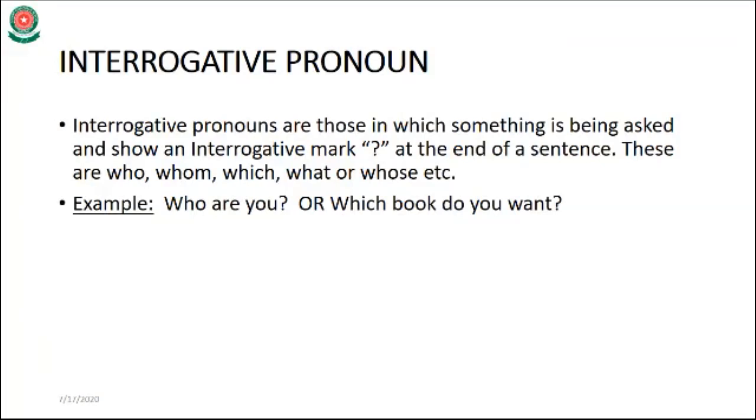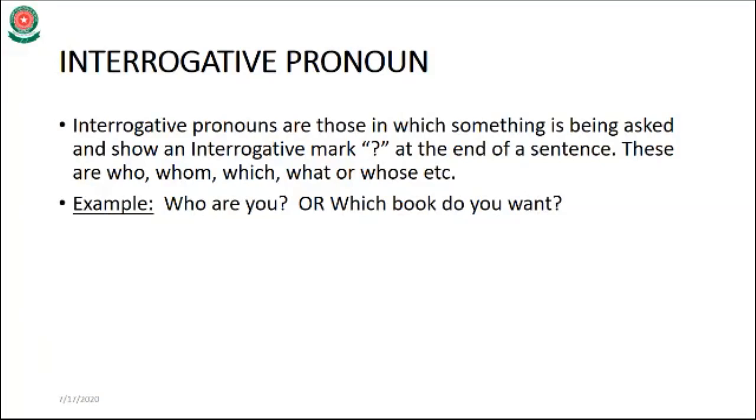The interrogative pronouns are who, whom, which, what, or whose, etc. See the example. The first example is: Who are you?